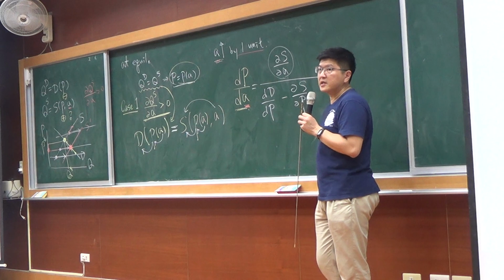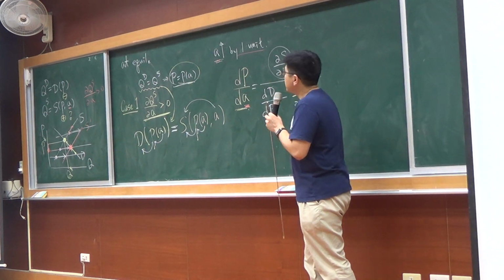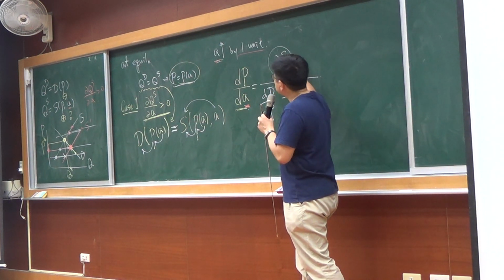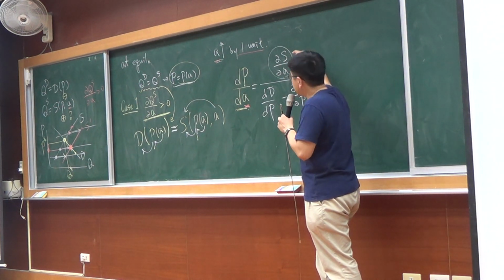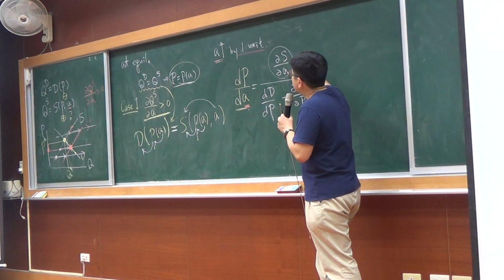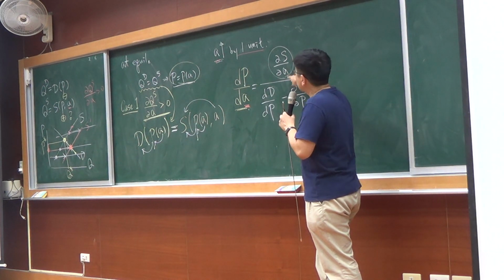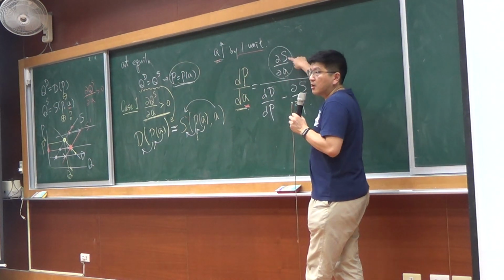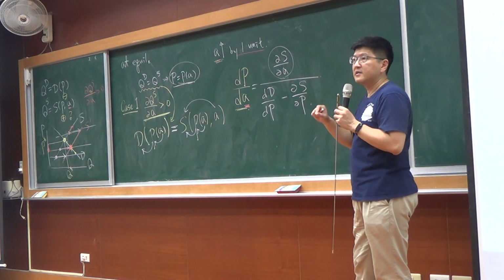How can we interpret this term? This term is actually the size of the change in QS, quantity supplied, by a unit change in A. Okay? So A goes up by 1 unit, and how many units does quantity supply go up or down? We would like to know the size, the magnitude.